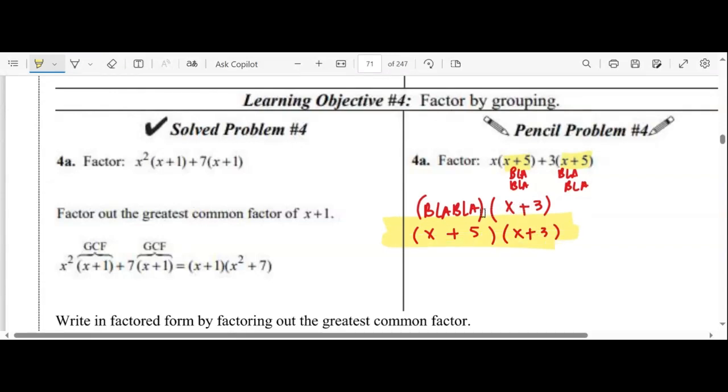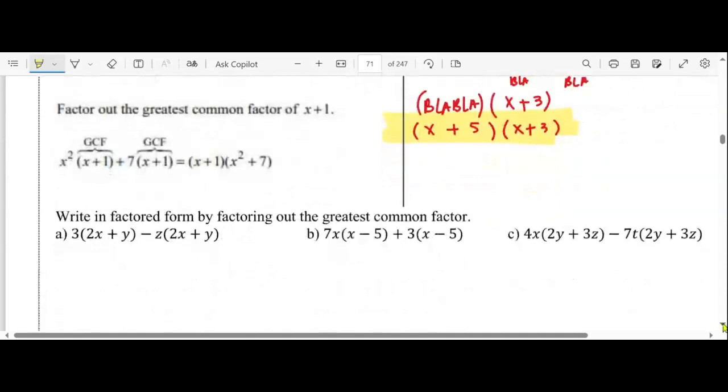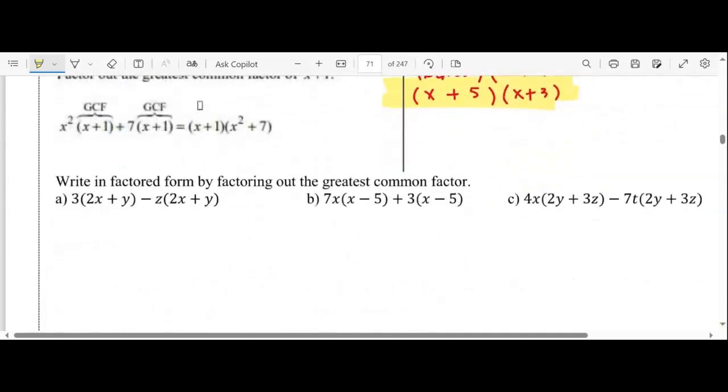Clear or not clear? Raise your hand if you understand. All right, let's go to the next one. Can you do this one? Yalla, classwork C. Do classwork C. Do you have blah blah blah here?